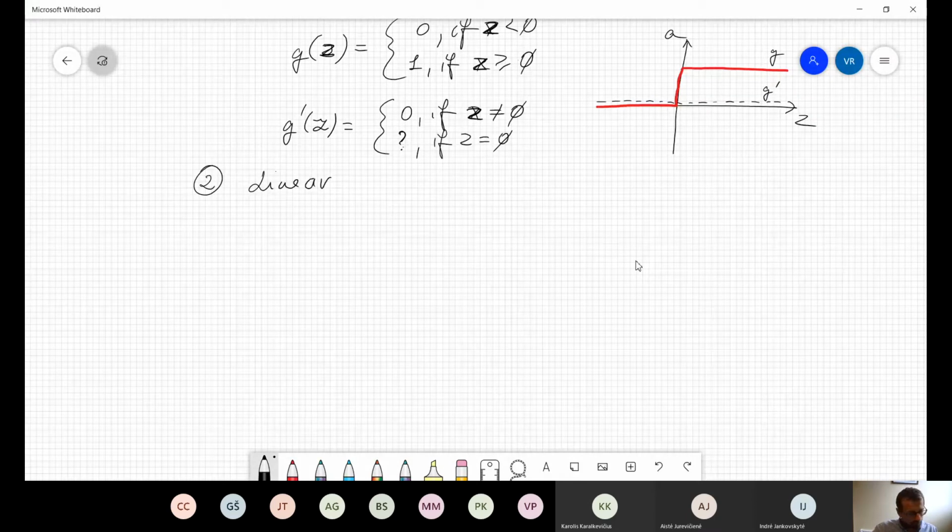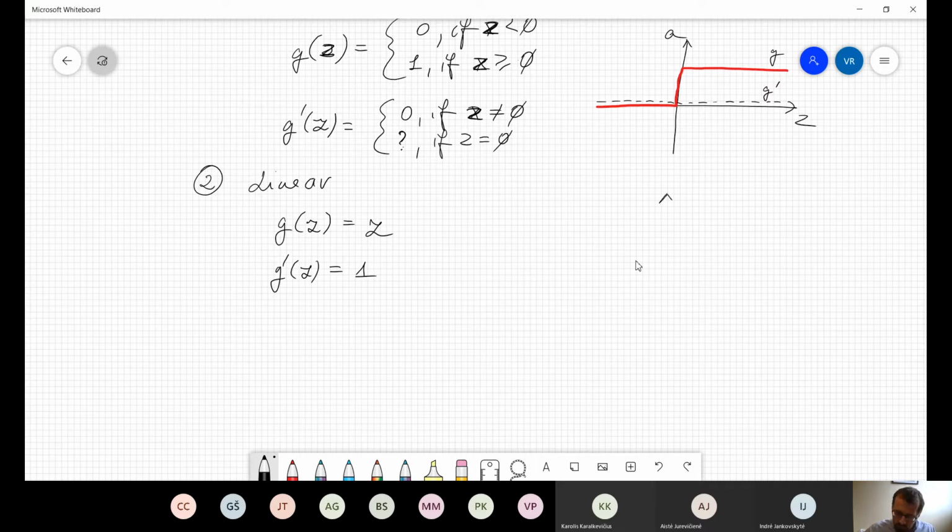Number 2 is the linear neuron, the linear activation function, which can be written as f(z) equals z. So what it receives is what is passed, and the derivative of this is obviously equal to 1.